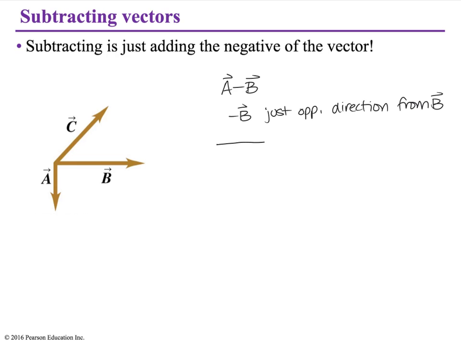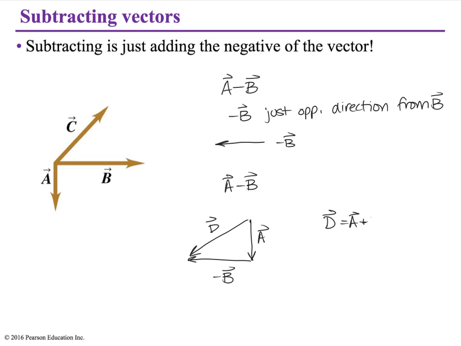So negative B will look like this. So A minus B would look like this. I'd have A, and then I'd have minus B. And we'll call this D. D is equal to A minus B. That's how we subtract two vectors, and I used the head to tail method there.